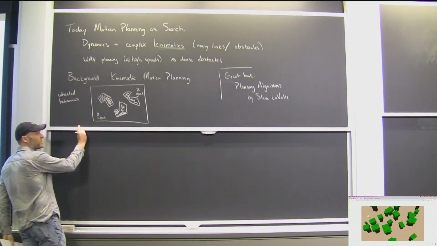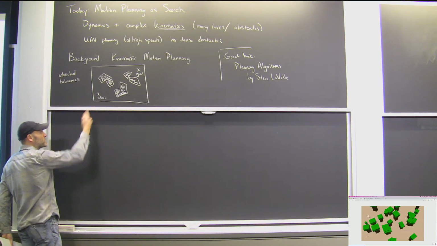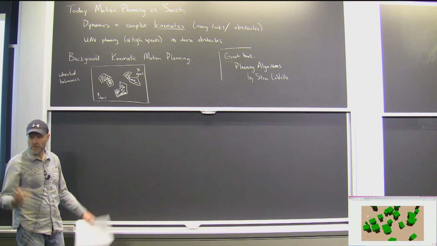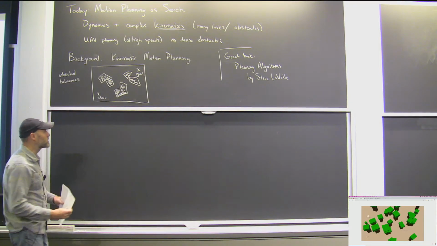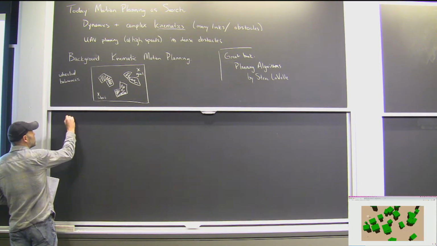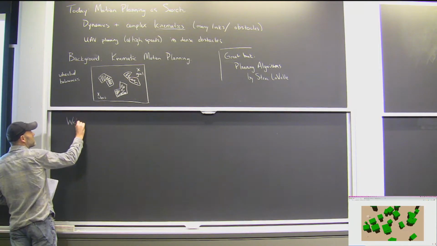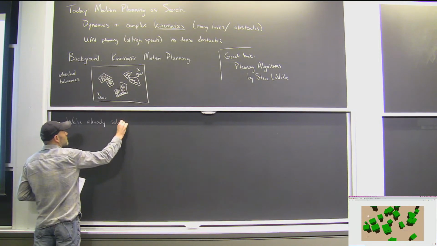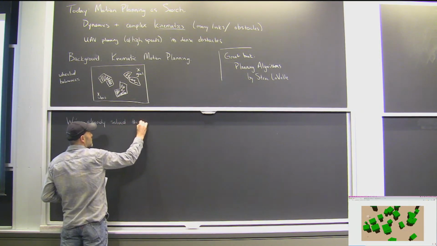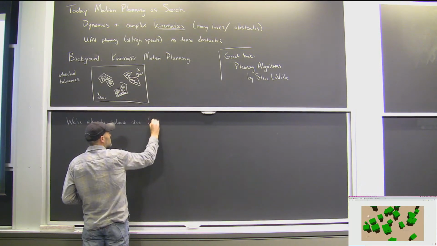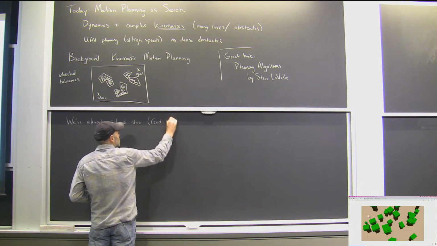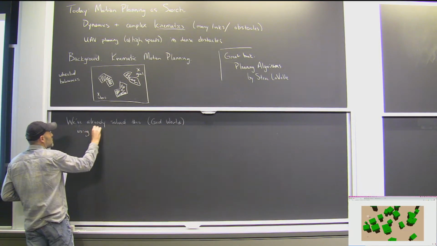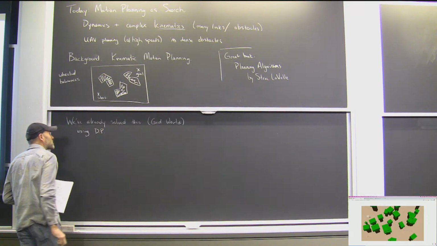Now, we already have solutions to that problem, especially when it's low dimensional like this. In fact, I basically drew the same picture when we talked about the grid world, right? When we introduced dynamic programming, we've already solved a form of that using dynamic programming.